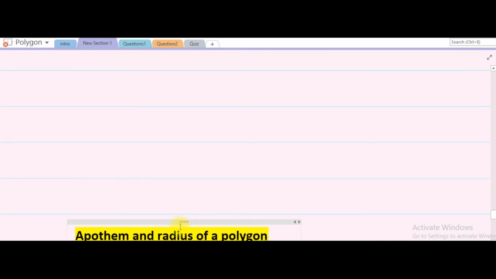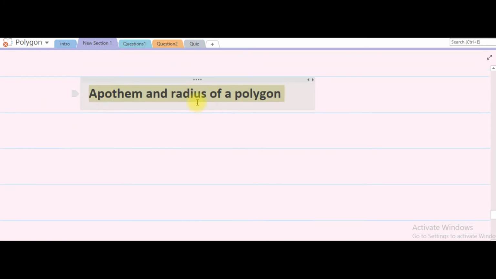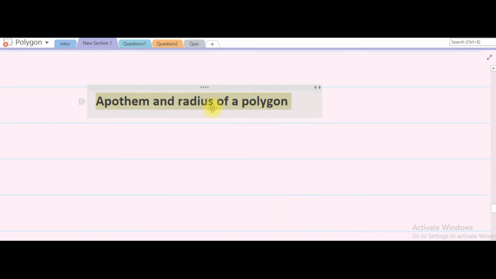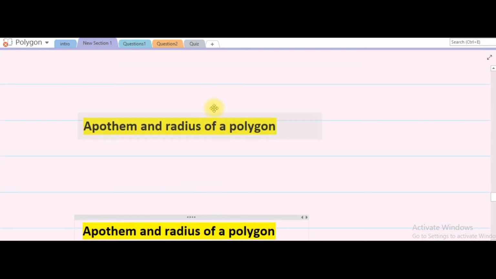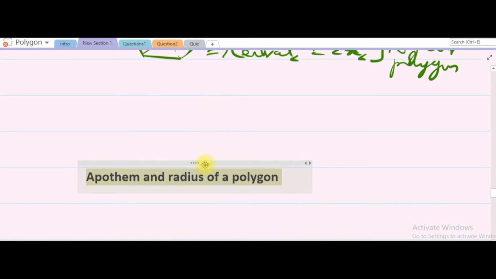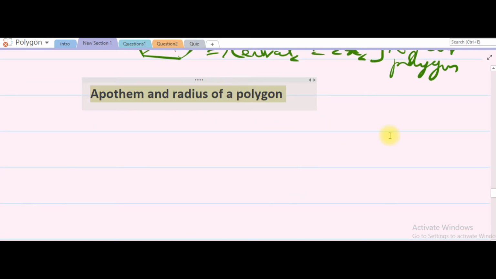So the next one is the apothem and radius of a polygon. The apothem and the radius, the two differ. They are not the same. The apothem of a polygon is just the perpendicular distance from the center to any side of the polygon.